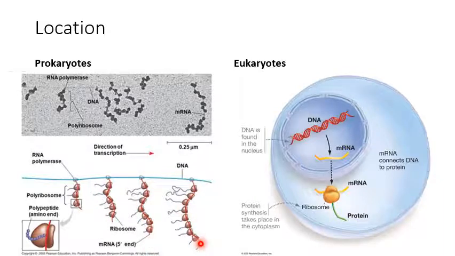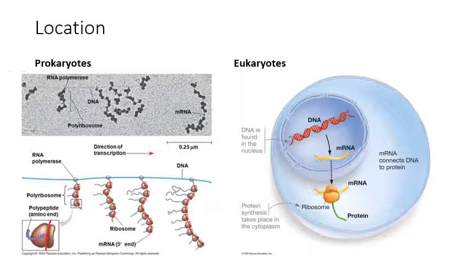Before that mRNA is even done, you can have ribosomes attaching to it because the ribosomes are in the same place as the DNA, and those ribosomes will start making amino acid chains based on it. So by the time this RNA polymerase actually gets to the end of the gene, you're going to have ribosomes that are just about done translating it into protein. This allows prokaryotes to make a lot of protein very quickly from their DNA.